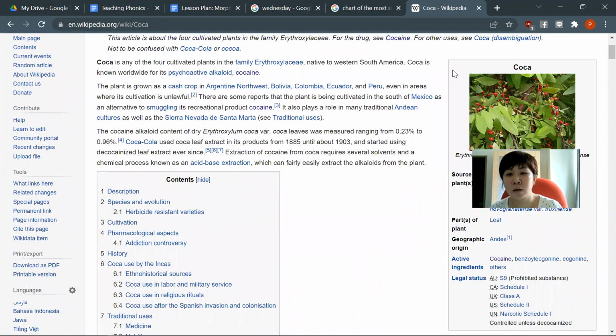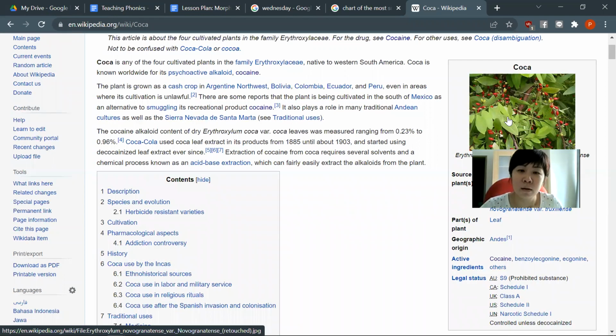So yeah, coca is a plant, and the reason that people use cocaine as a drug is the Indians in these regions used to chew on the plant, which, if you chew on the leaves, starts to numb your mouth a bit, and acts as a very mild drug, almost like coffee.